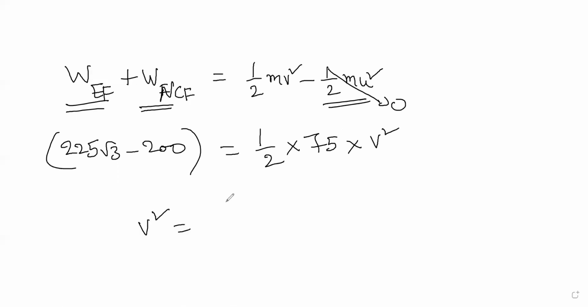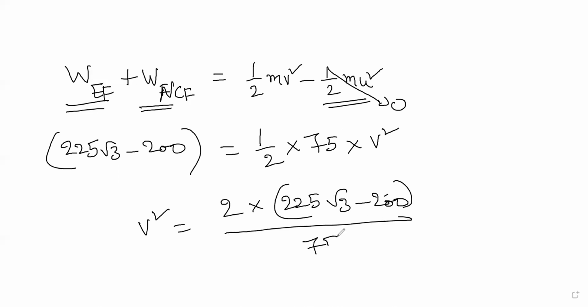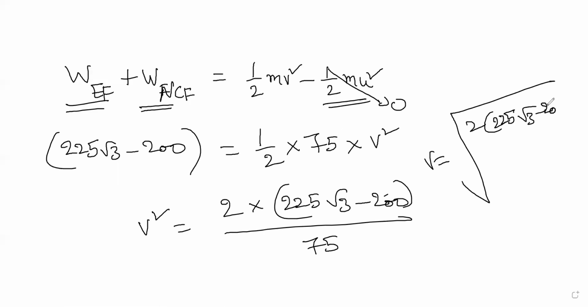v squared is equal to 2 into (225 root 3 minus 200) whole divided by 75. You can do the cancellation, and then you can find v as the square root of 2 into (225 root 3 minus 200) whole divided by 75. You can do the calculation later in the calculator.